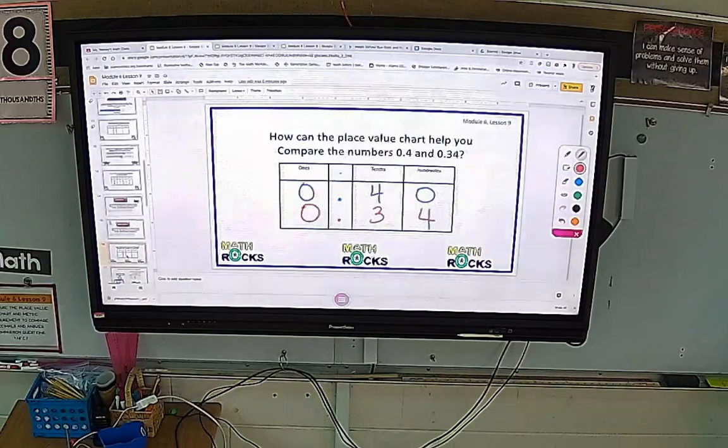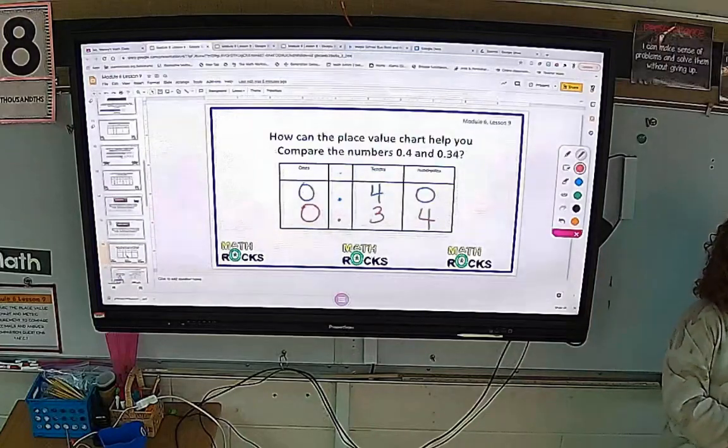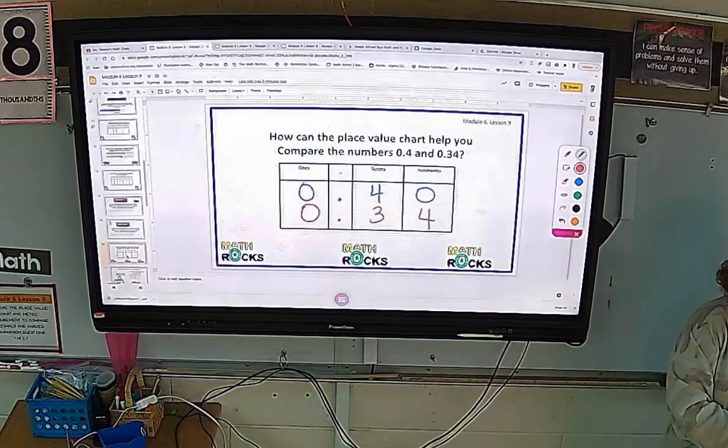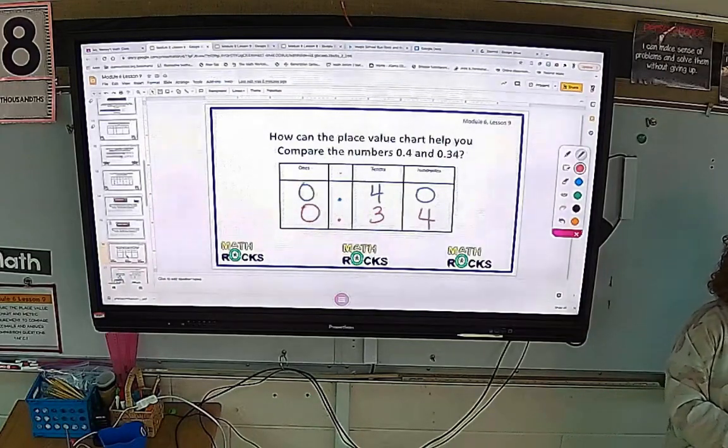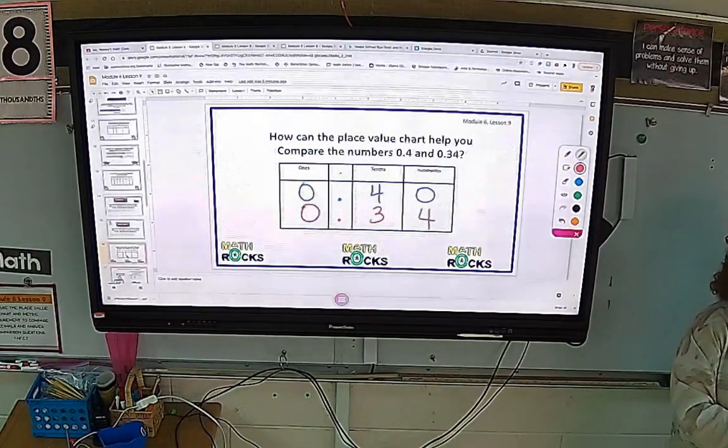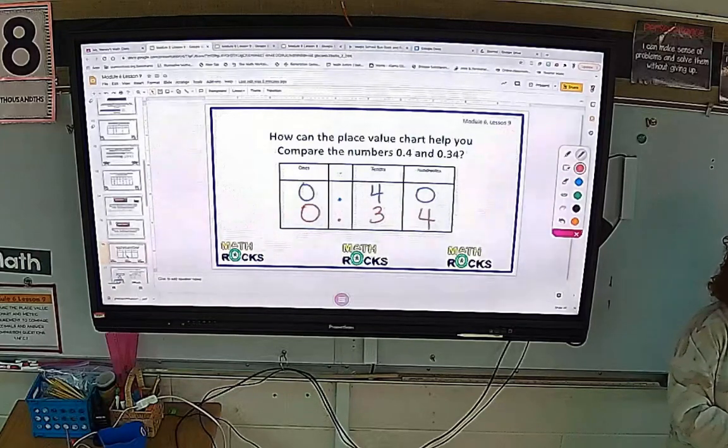How many of you agree that 0.40 is larger than 0.34? Can you tell us why? Ooh, all the hands went there. I mean, you believe something, but you can't tell me why? You believe it because your friends raised their hand, and I'm going to raise my hand too. You believe it. You got a reason for it.